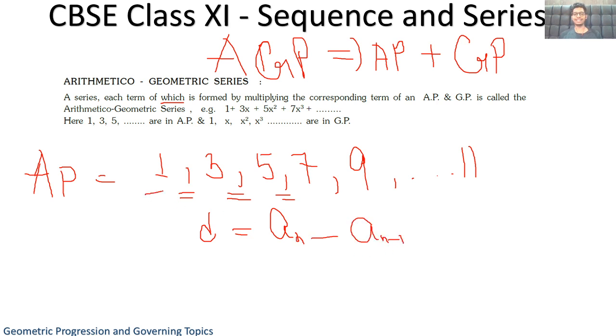You can pick any term and you can find a common difference. So we can say D is equal to A2 minus A1. So A2 is 3 and A1 is 1. So 3 minus 1 equals 2. That's how we get the common difference D.